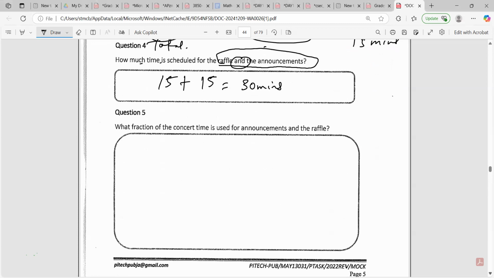All right. Listen to this one now, guys. It says, what fraction of the concert is used for announcements and raffle? What fraction of the concert is used for announcements and raffle?